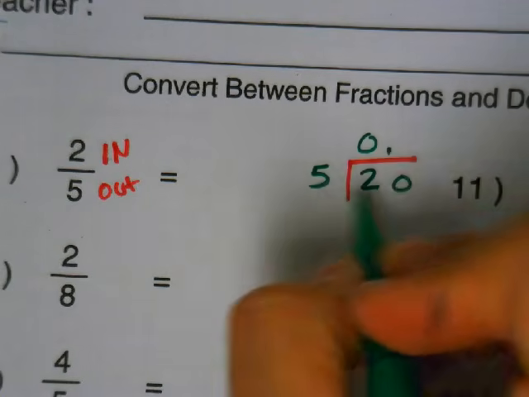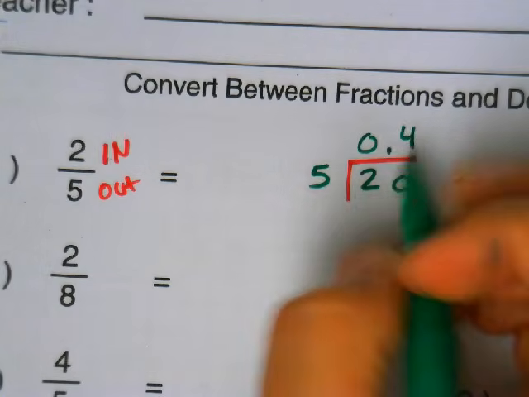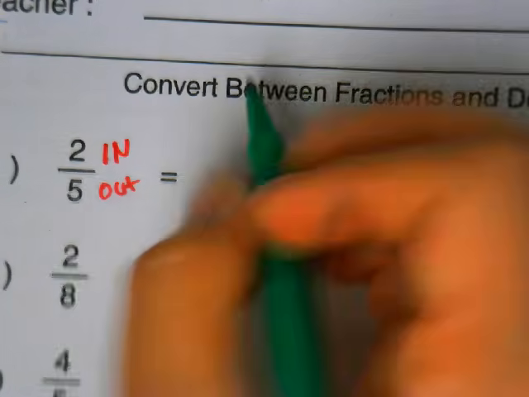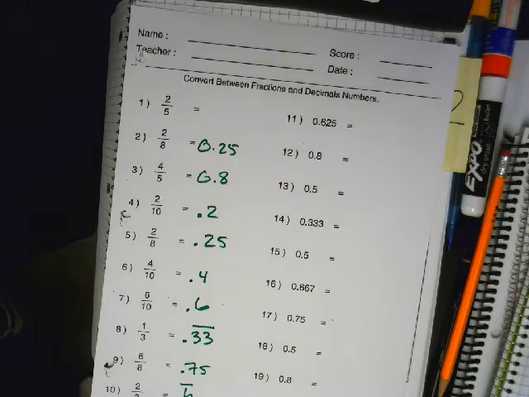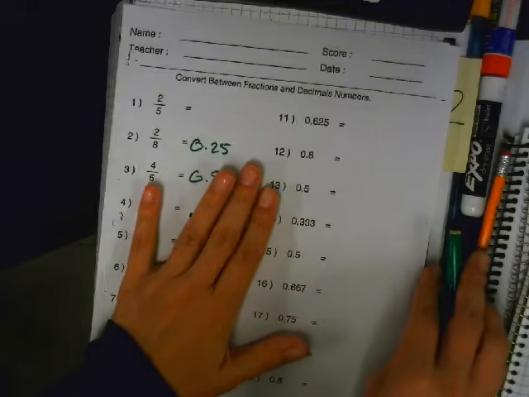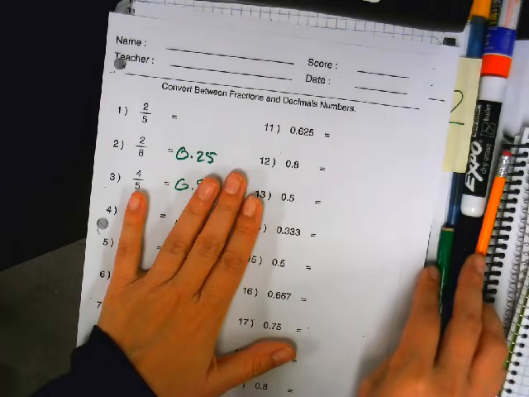How many times does 5 go into 20? 4. 4 times 5? 20. So our answer is just 0.4 for now. Okay? Are we okay? Here we go. Okay, next.